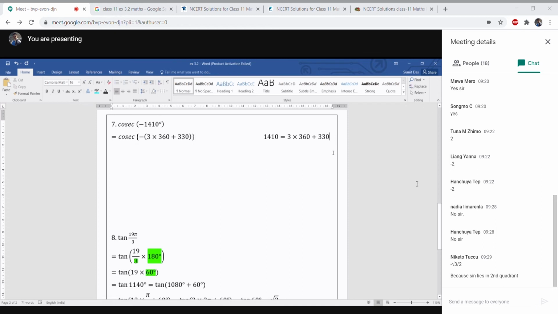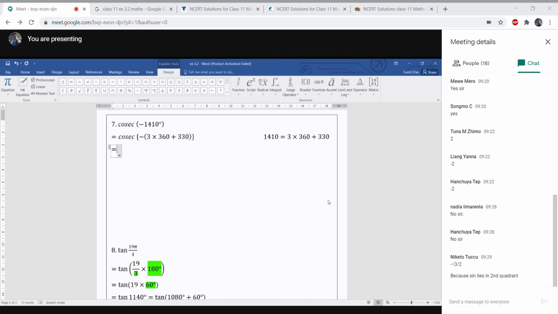So next line, it is cosec. Next we can write minus cosec of 3 into 360 degree plus 330. This 360 degree we can write as 2 pi, right? Pi means 180, so we can write 3 into 2 pi plus 330 degree.